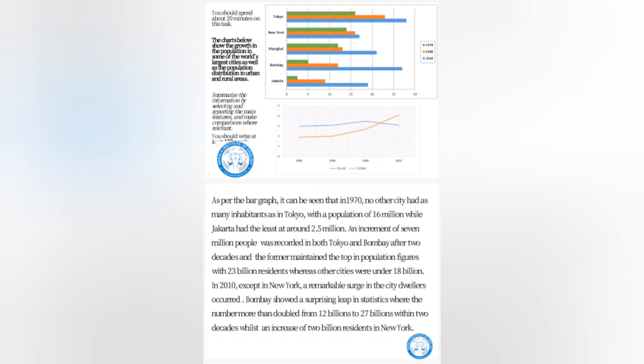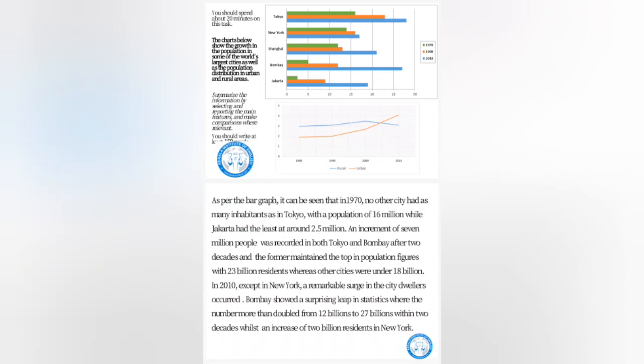So instead of using maximum number and minimum number, we are writing in a different way. If you see this one, it's written that it can be seen that in 1970, no other city had as many inhabitants as Tokyo, with a population of 16 million, while Jakarta had the least at around 2.5 million.